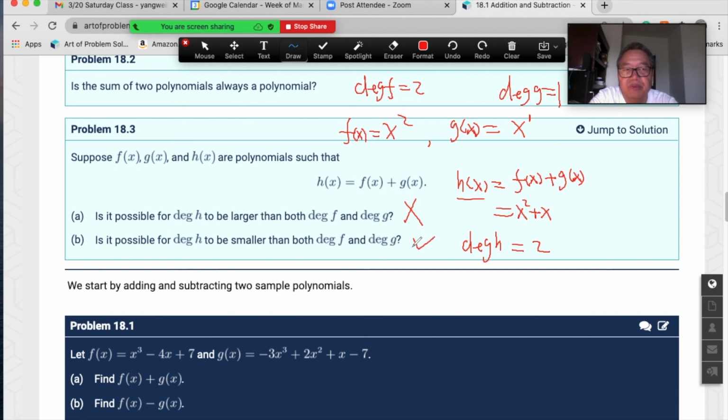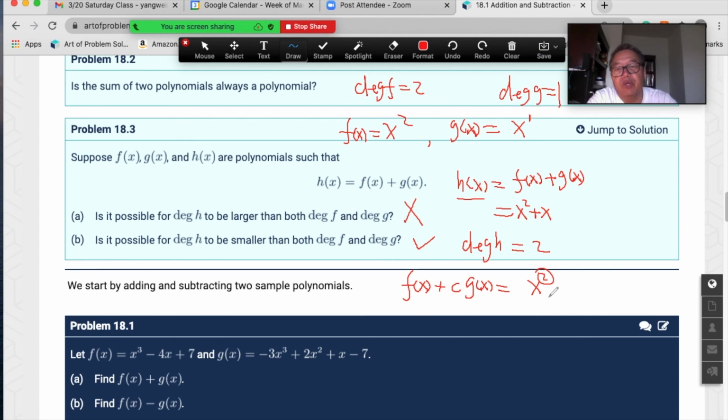It's possible. We already showed in the previous problem that two functions whose degree is 3, we found that c equals 1/3. Then we use that 1/3 times g(x) to make the functions cancel out their leading terms, so the leading term becomes 2x squared.